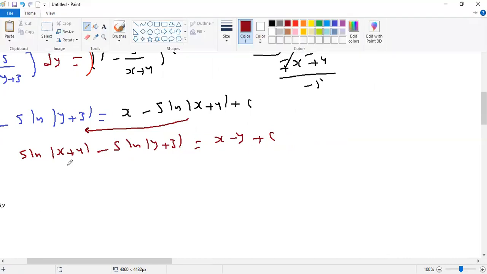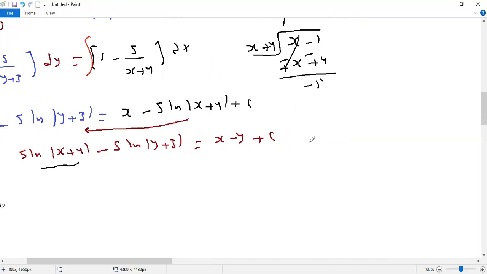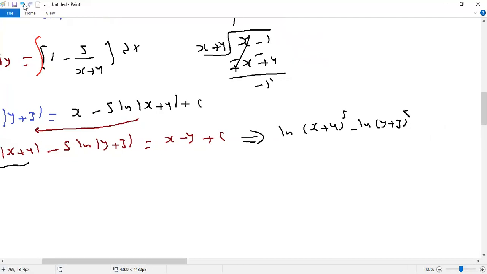This part I can write as ln of x plus 4 to the power 5, and minus the same here, this is the 5, I can write it as ln of y plus 3 to the power 5, okay?